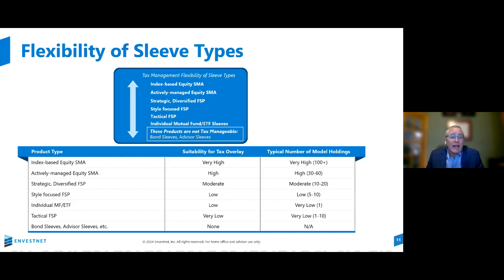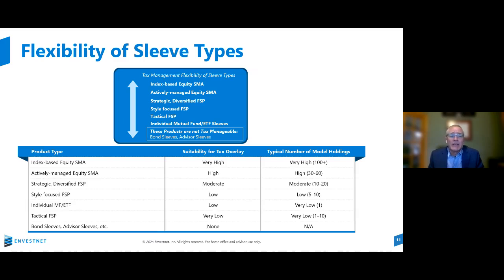And so if you look at this slide, this kind of goes from best vehicle type to maybe not worst vehicle type, but from a tax efficiency standpoint, you go from most tax efficient to least tax efficient as you go down this grid.